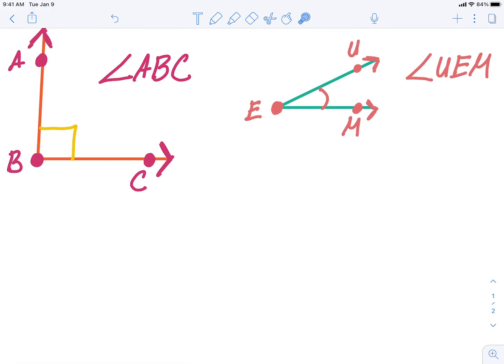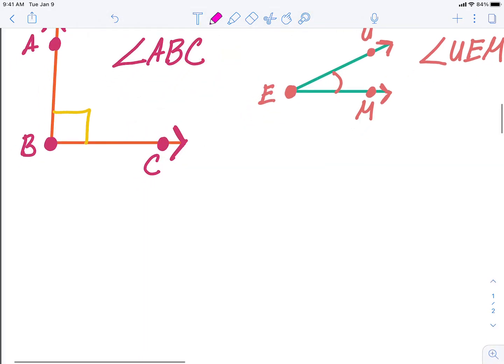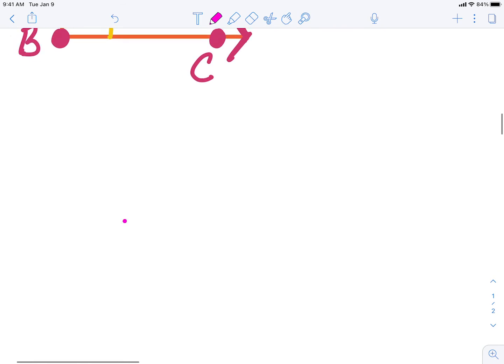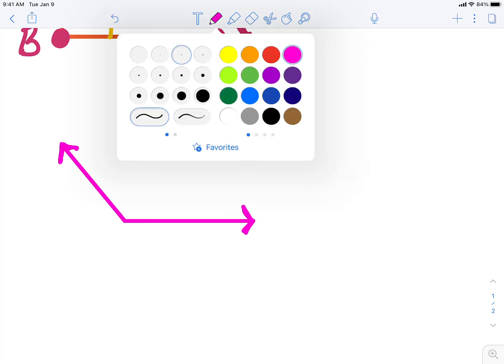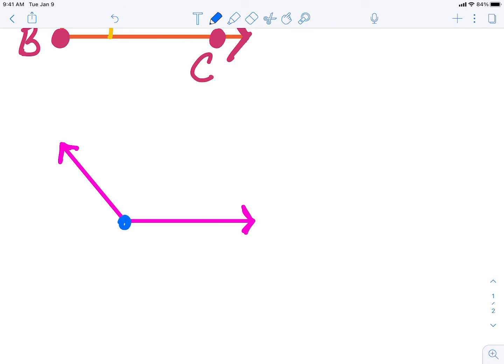Okay. And let's say I want to draw an obtuse angle, right? Where an obtuse angle is when it's open like that, right? And I'm going to draw my arrows. And where do they meet? They meet right there. There's my first point, and there's my angle. My middle point is where my angle is. So I need 2 more points. I'm going to put a point on the left and a point on the right.